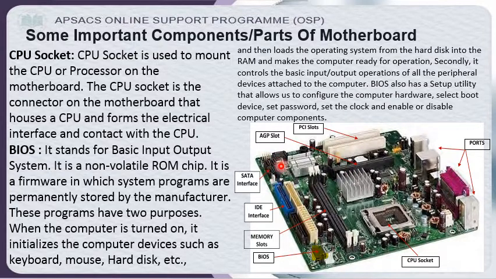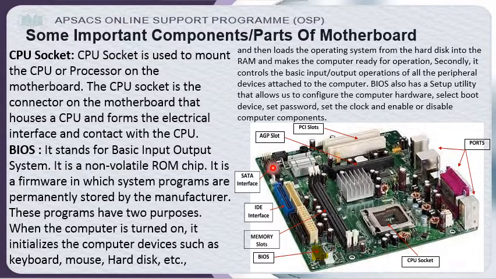SATA connectors are there where you connect the data cable, the SATA data interface, to your motherboard. In some computers there are 4, and in most computers the SATA ports will be 6.